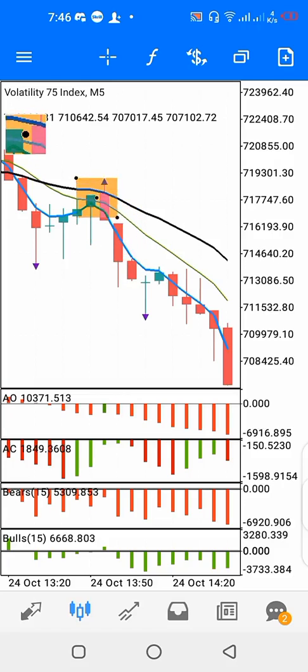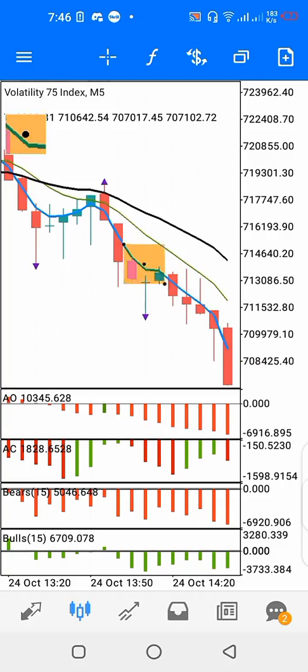Okay, in as much as the candles are colored red, meaning we have price dropping, and is the price dropping and closing below the blue line? If yes, then that's a good time for me to place a sell trade.